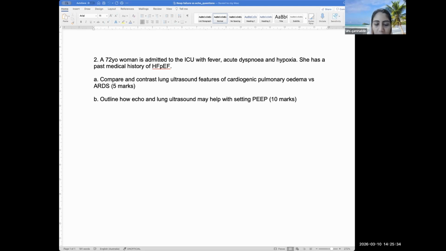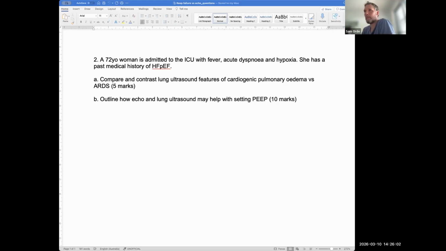If there's a falling VTI, that suggests reduced cardiac output from the excessive PEEP. Finally, it's about integrating both the lung ultrasound and the hemodynamic response from the echo to choose the optimal PEEP. The optimal PEEP will be where there is maximal lung recruitment on the lung ultrasound with preserved RV function and cardiac output on the echo.